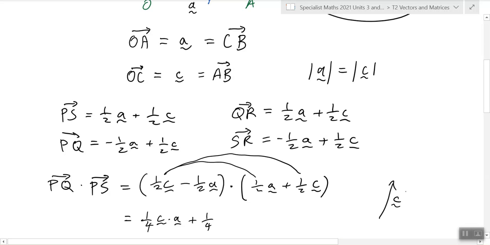If this is C and we're dot producting a vector in the same direction and the same magnitude, the angle between it is 0.